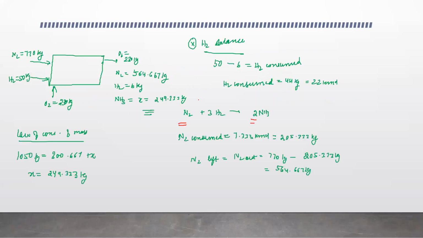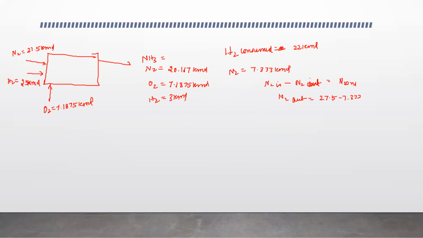Now by stoichiometry that I have written before, 2 times what nitrogen has been reacted, 2 times of that would be formed. So 7.33 kilomoles of nitrogen has reacted, so ammonia formed is 2 times of this. So 2 into 7.333 is going to be 14.667 kilomoles.